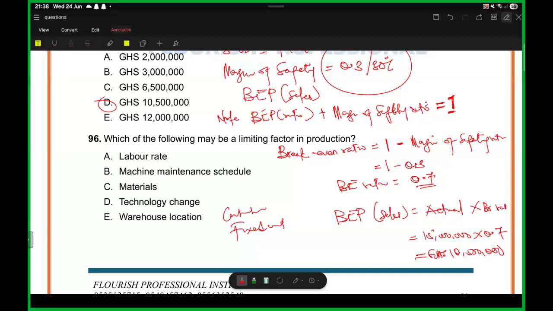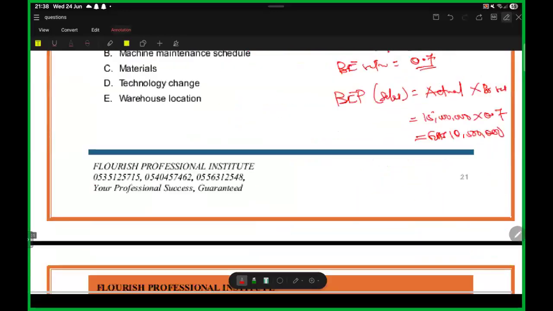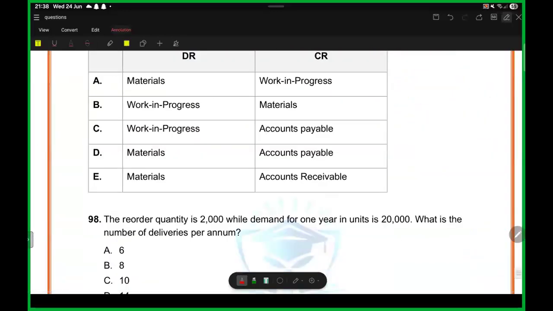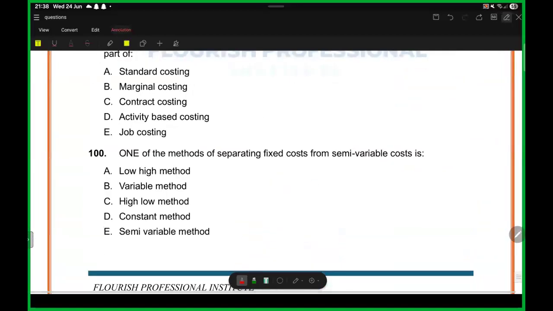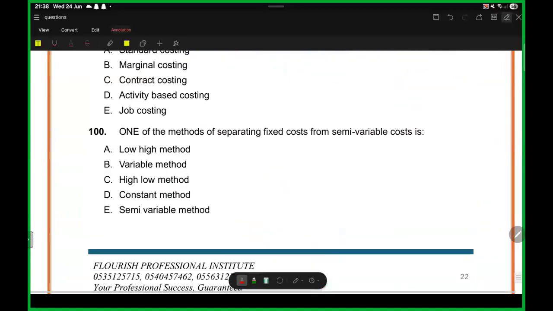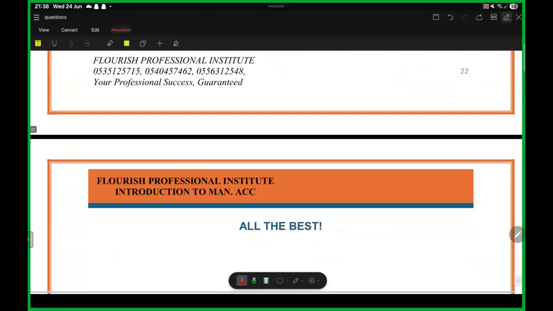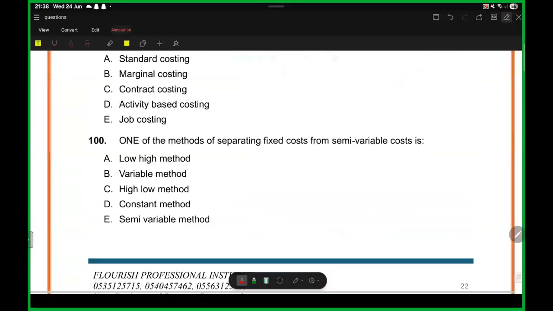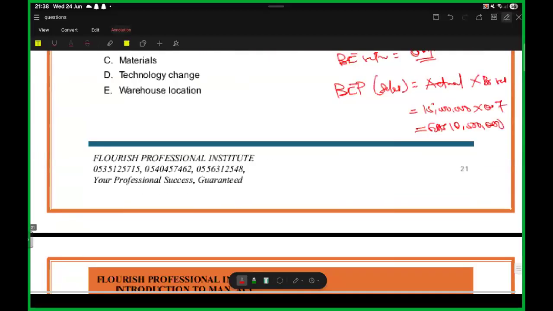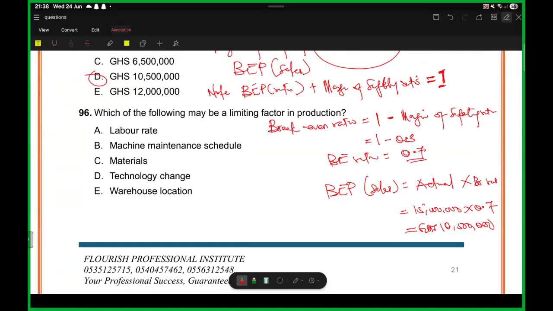All right, let's go to number 9. The rest, there is no calculation, I guess. Number 96. Which of the following may be a limiting factor in production? So when you are producing, which one will be a limiting factor? Labor rates cannot be a limiting factor.